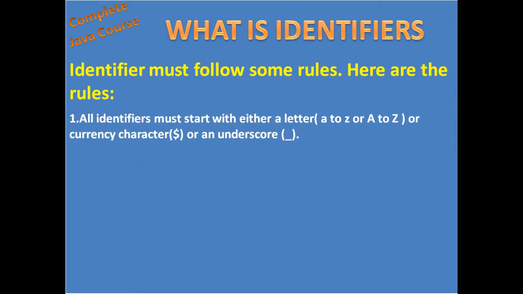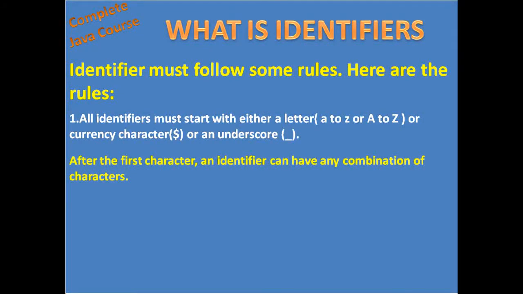Number one rule: all identifiers must start with either a letter, small a to z or capital A to Z, or a currency character, dollar, or an underscore. So every identifier name must start with small a to z or capital A to Z or with a dollar sign or with an underscore sign.